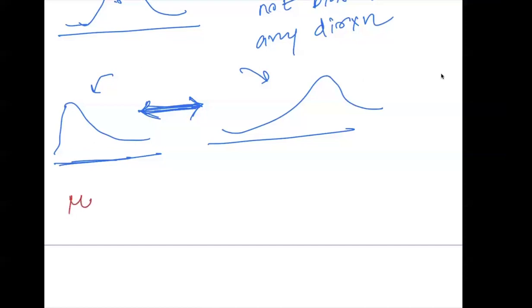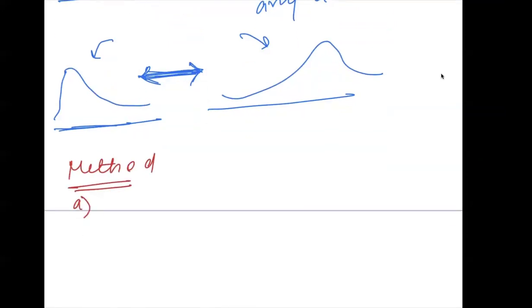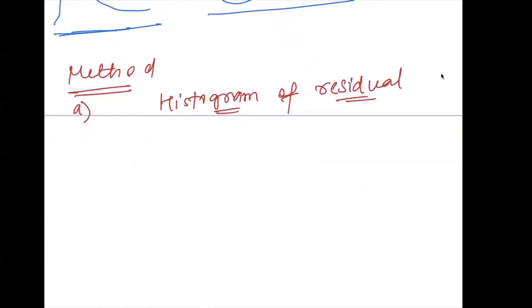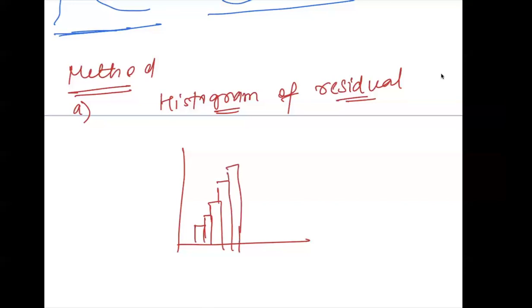The first method to detect it is by plotting a histogram of residuals. A histogram is nothing but this, right? When you plot a histogram of your residuals, it should come out something like this.